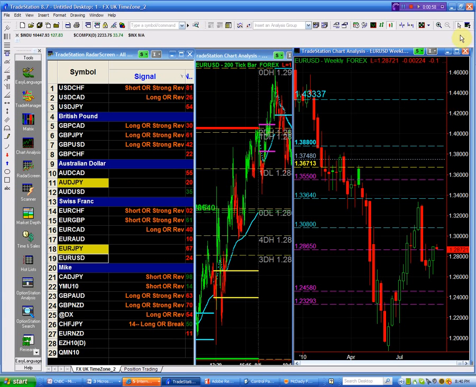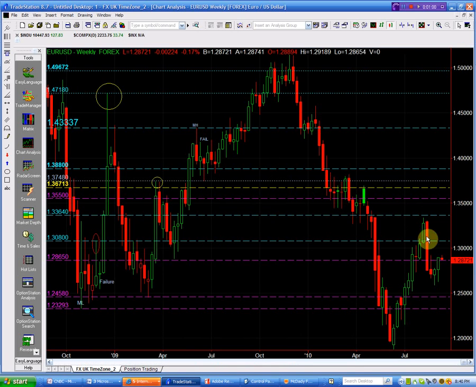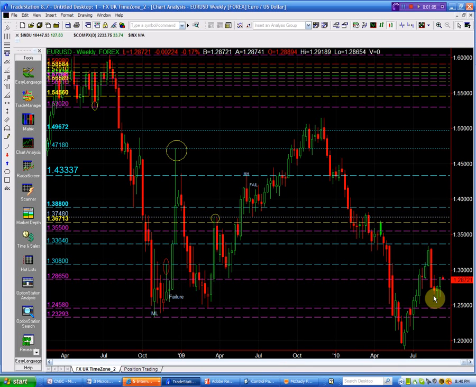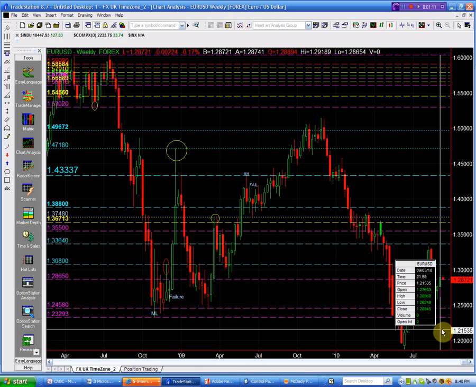currency versus the other. So right here, looking at the weekly, of course the trend is down, everything is negative. Right here we are already in a sell signal. This was 128.96.